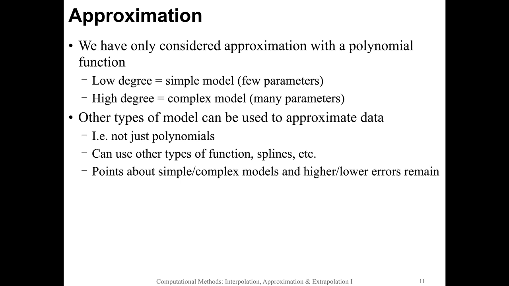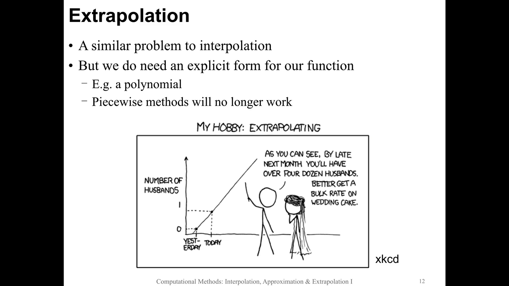If we turn now to extrapolation, this is similar in a sense to interpolation, but as we discussed last time, when we extrapolate, we're trying to find a value for our function that is outside the range of the original measurements, outside the locations where they were measured.